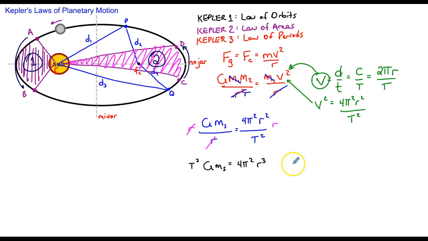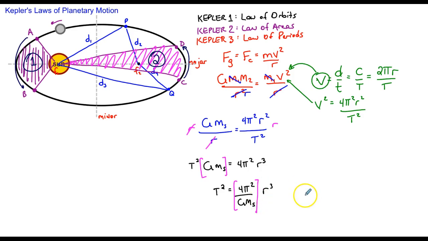Now I'm going to divide both sides by what I have inside the brackets that I just drew. And so this becomes period squared is equal to 4 pi squared over G times the mass of the sun times r cubed. Look carefully at everything inside the brackets.